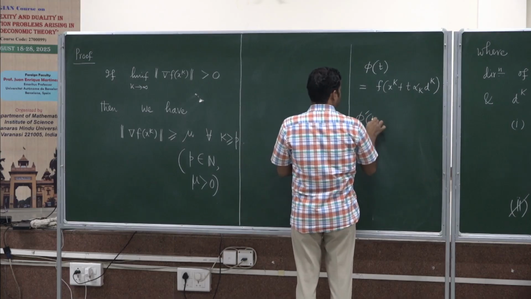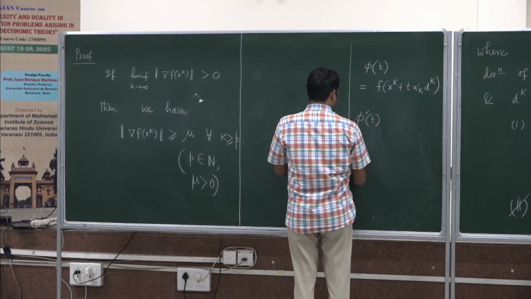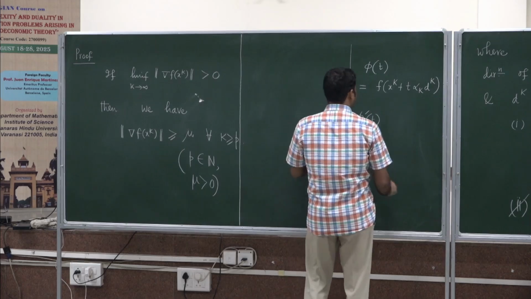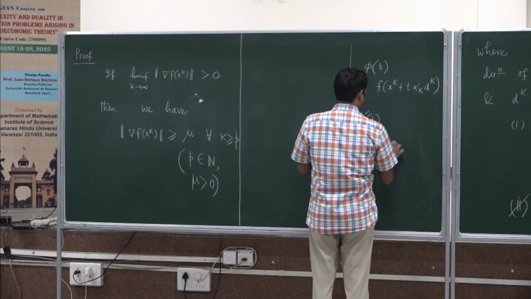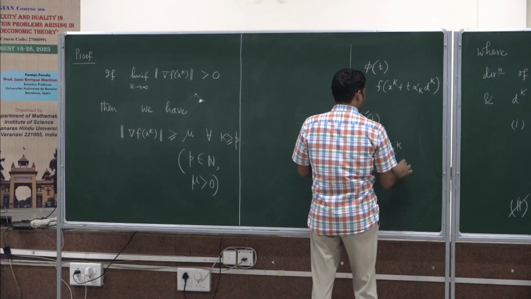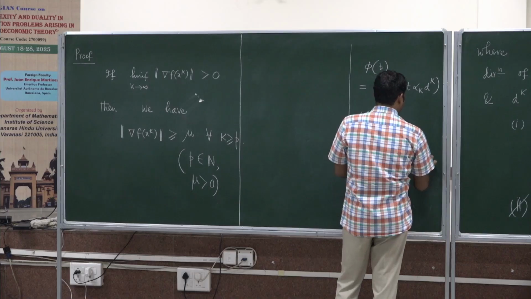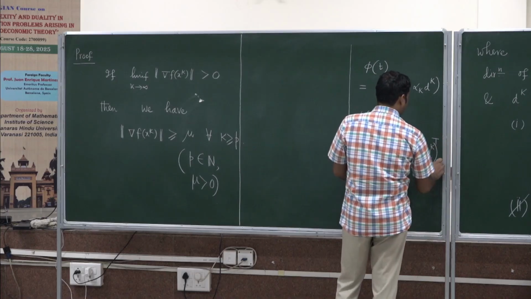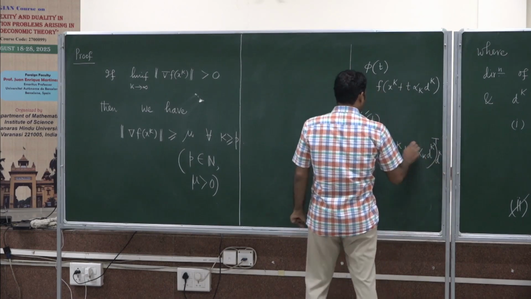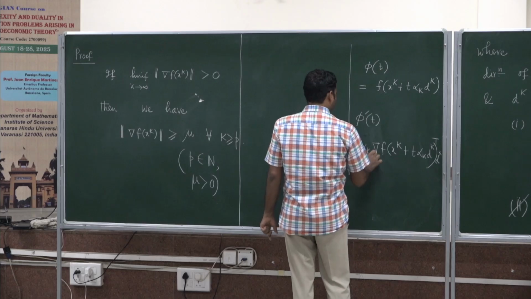Then phi dash t is equal to gradient of f at xk plus t alpha k dk transpose dk times this alpha k, right?